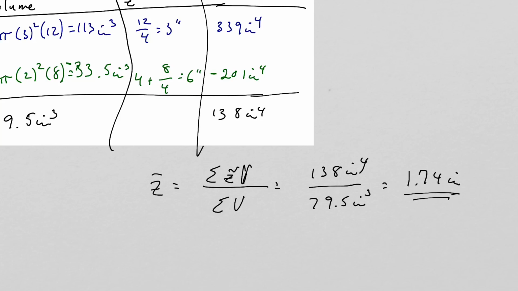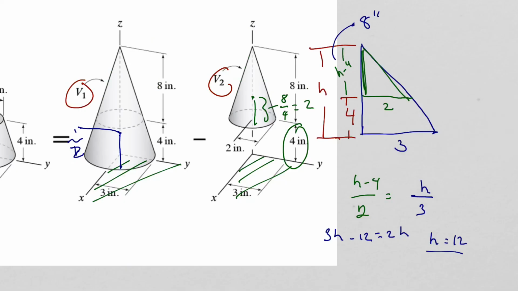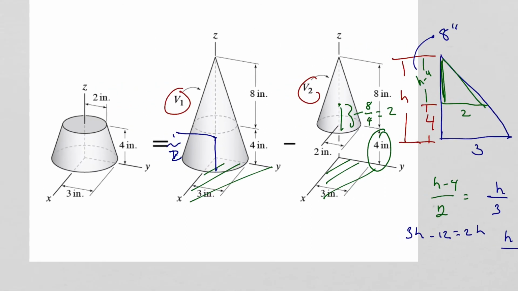And that will be the location of our z bar. Now it's good usually to check to see if that seems to make sense. So it was 1.74, so it's somewhere in this location here, which makes sense that it would be down in the bottom more because we have more volume towards the bottom.